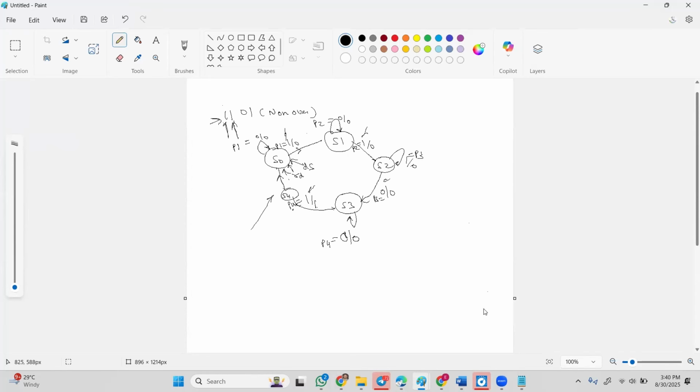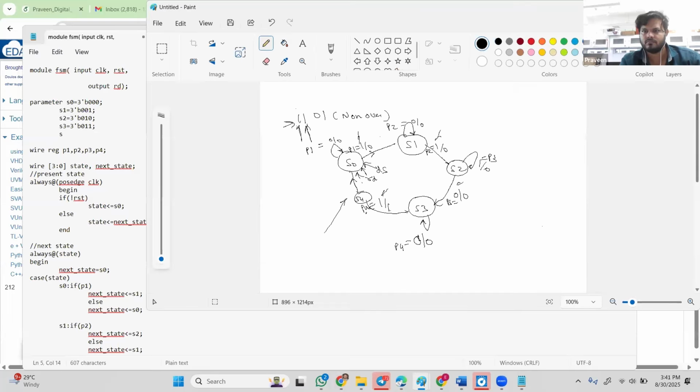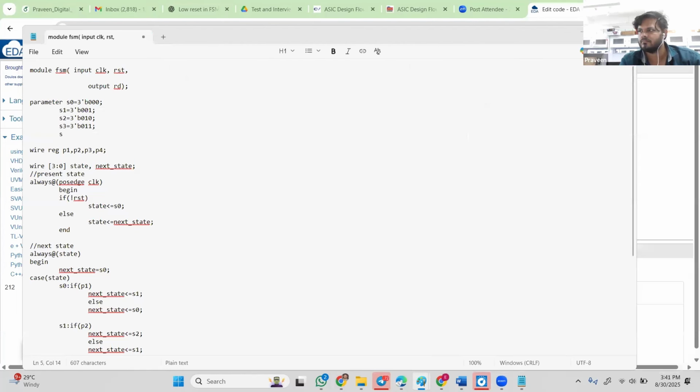Ma'am, should I show my code? First correct your state diagram. Okay, ma'am. Ma'am, can you see my paint?